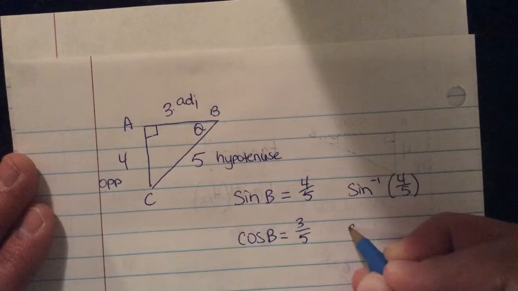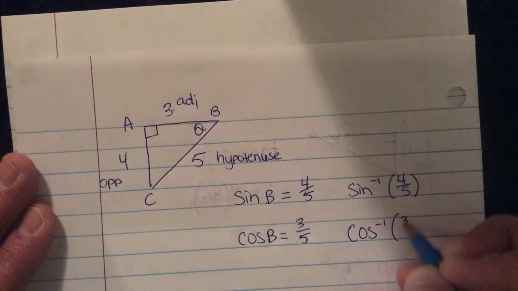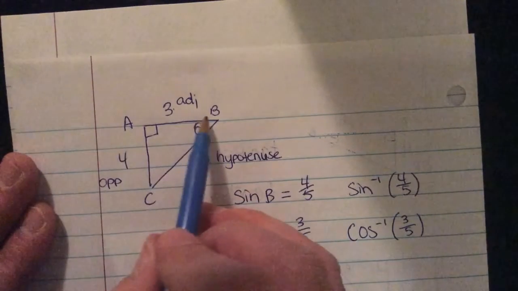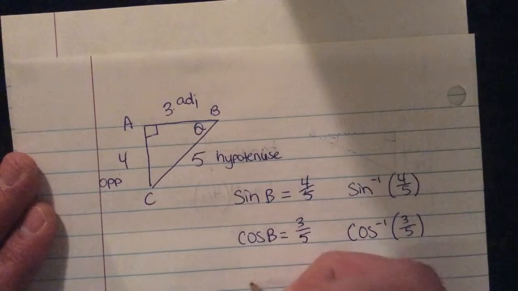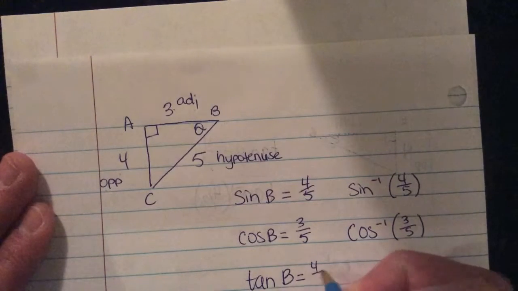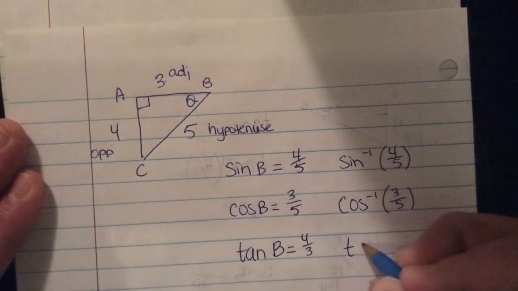And to solve for the angle, you'd use inverse cosine of 3 over 5. And if you wanted to use tangent, that would be opposite over adjacent. In order to solve the angle, again, you're looking for an angle, you use inverse functions.